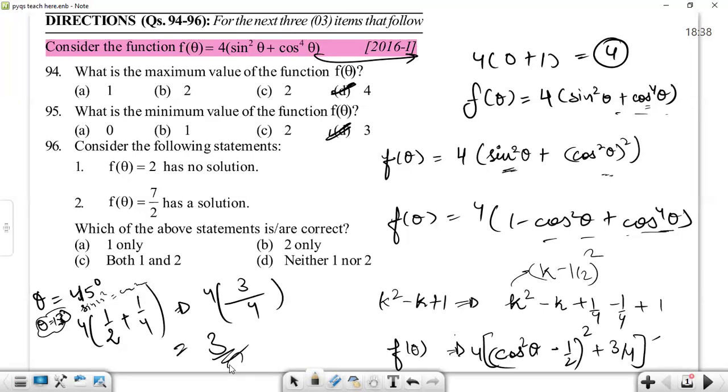That would have given us the same value. That's why we didn't consider that. Okay, so these two have been solved. Now let's solve the other question.